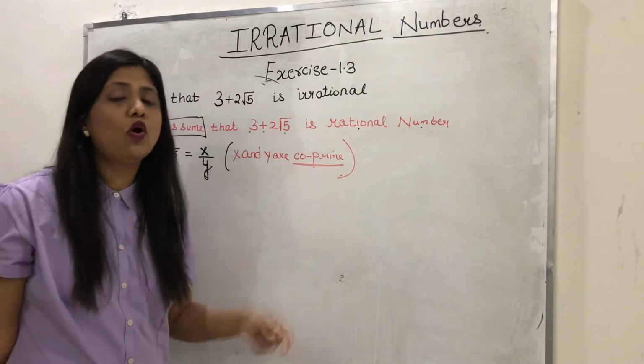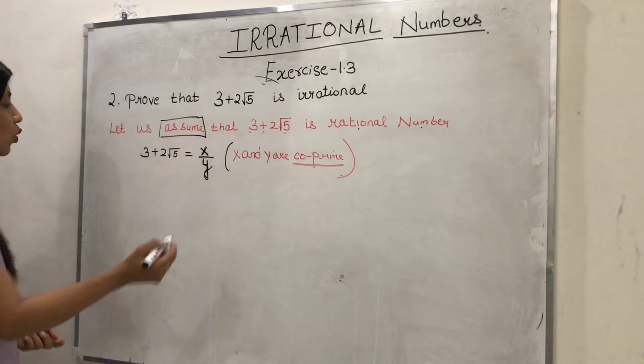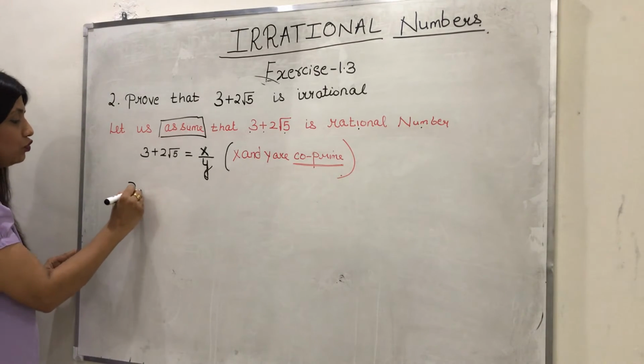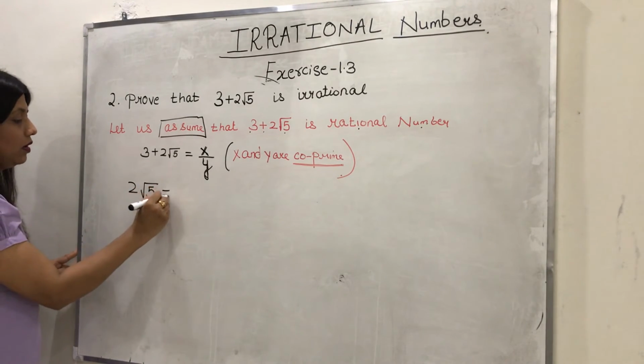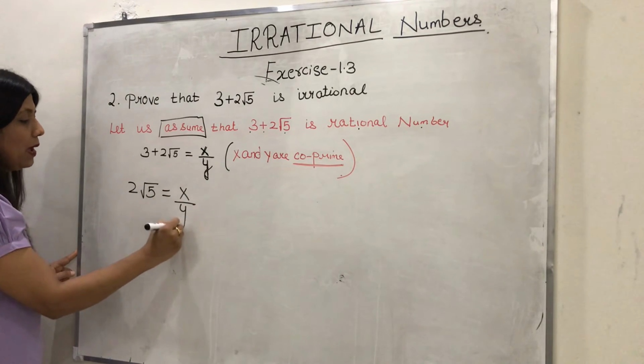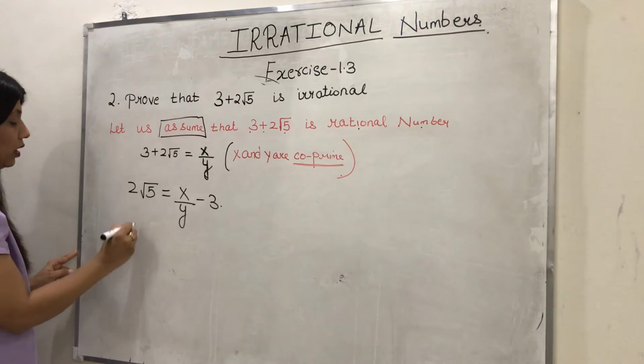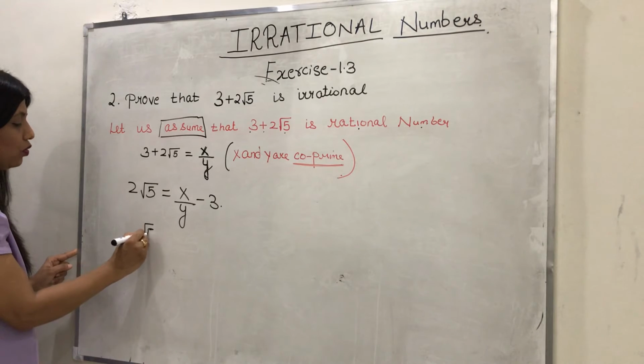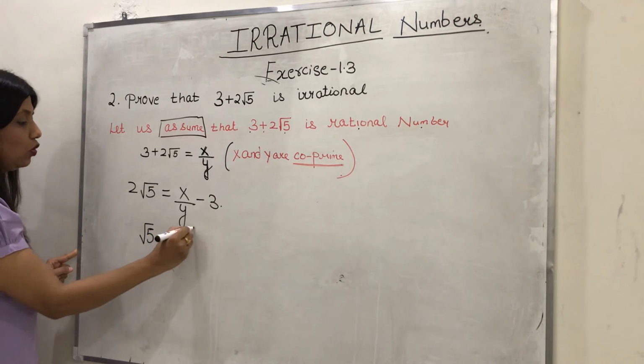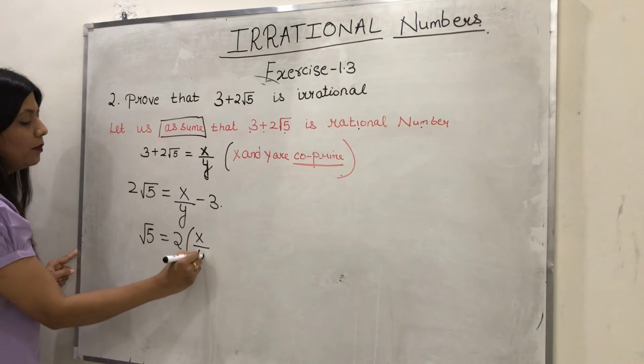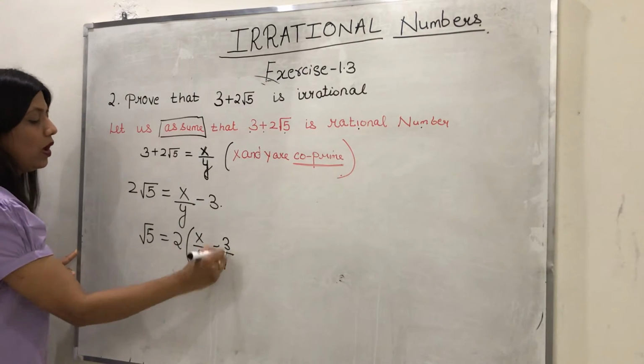They do not have any common factor. What I will do now is write it as 2 root 5 is equal to x upon y minus 3. Or again I can say that root 5 is 2 times x upon y minus 3 upon 1.